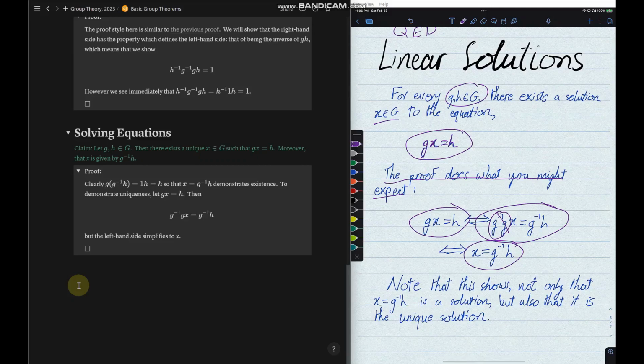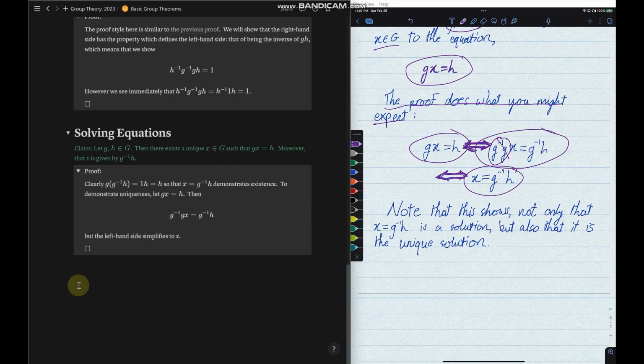Now, I could be a little more thorough in explaining exactly why these biconditionals are biconditionals. I think the reason why it goes from left to right is pretty obvious. Why it would go from right to left is possibly a little less obvious, but I'll leave that for the viewer to fill in.